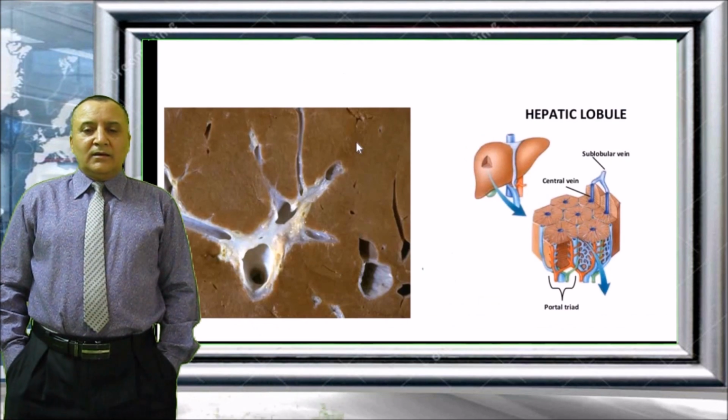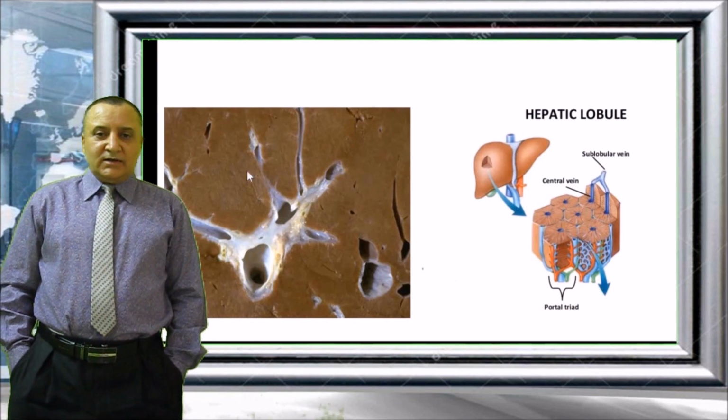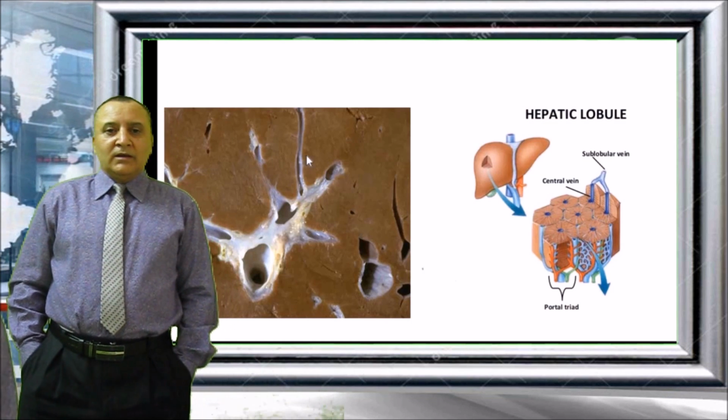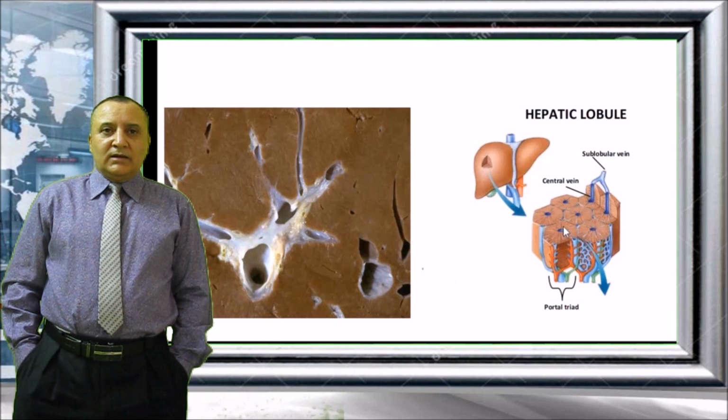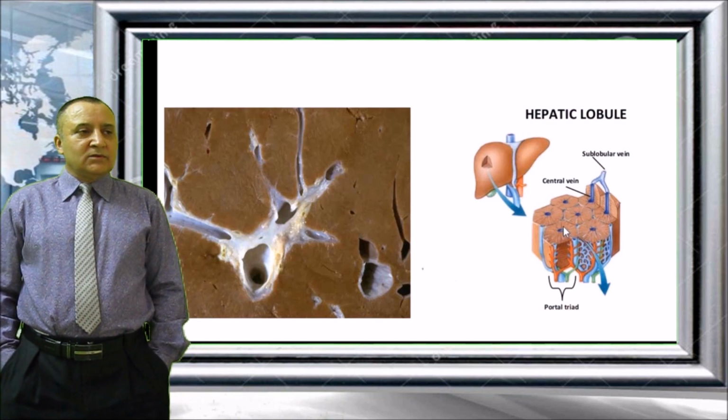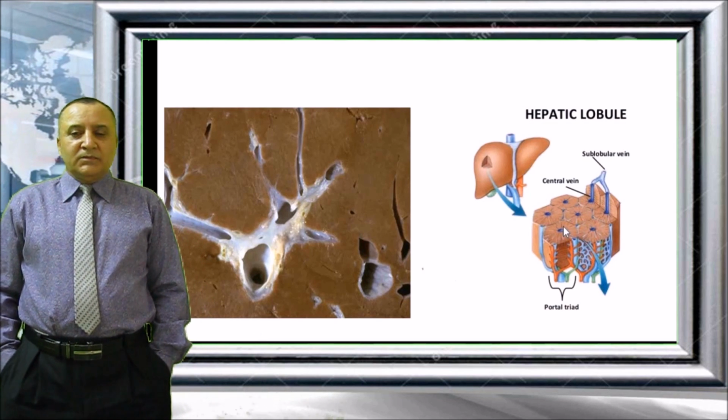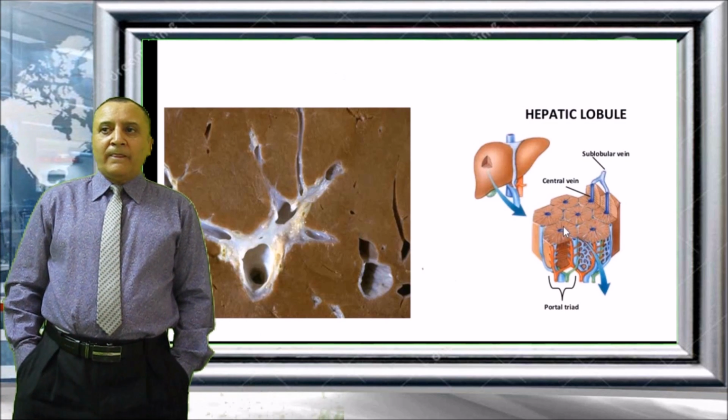As already said, the liver is made up of liver lobules. But the question here is, how are the cells of the liver arranged in these lobules?